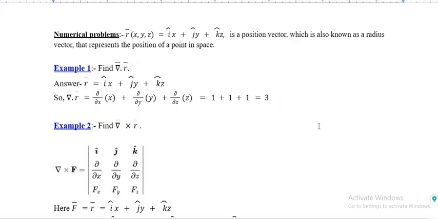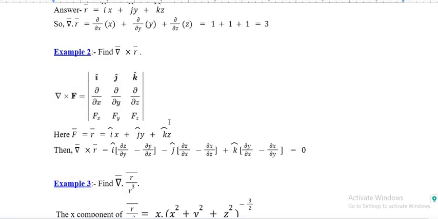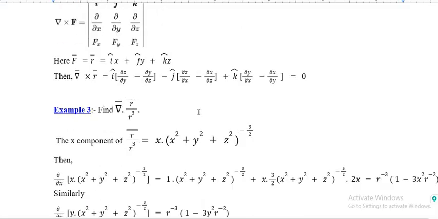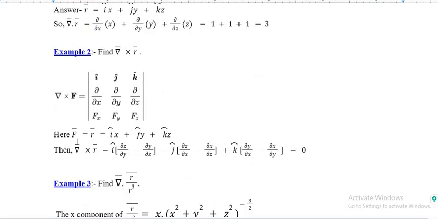Now if you want to find the curl of position vector, the curl operation, we all know, is in the form of a matrix. So now if you want to find curl in the x, y and z directions, r is represented by i x, i y and i z, and fx is represented by x, fy is represented by y and fz is represented by z.